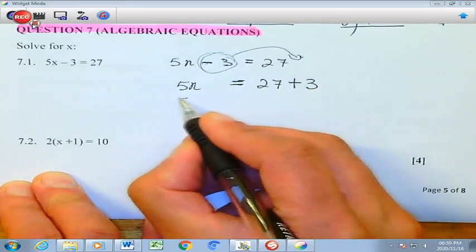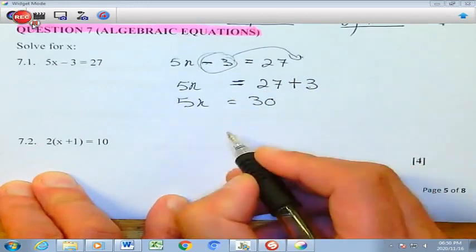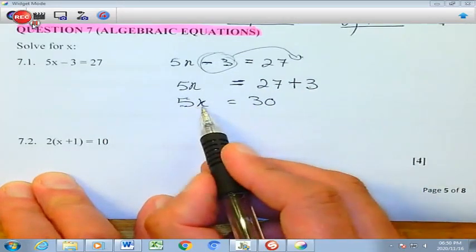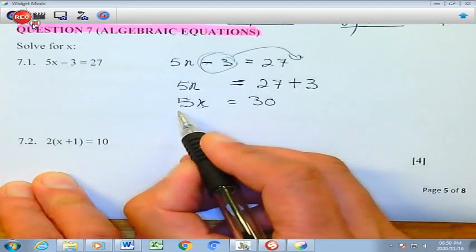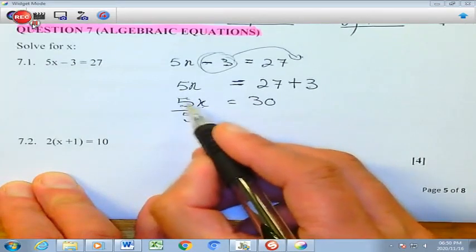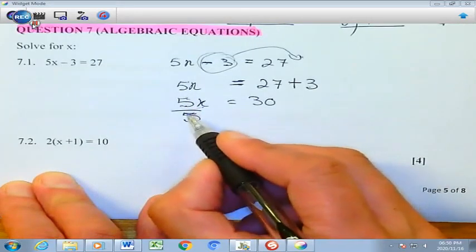Now we're going to simplify. We're going to say 5x equals 27 plus 3. That leaves me with 30. I want x alone. I need to get rid of this 5. How do I get rid of this 5? I divide by 5. So whatever value you have here in front of the x, you divide by that value. So in this case it's 5, so you divide by 5.